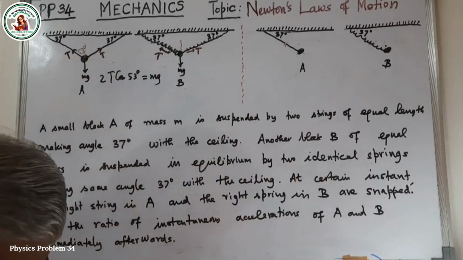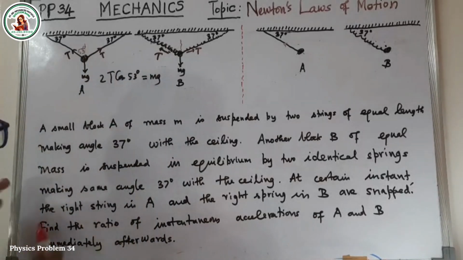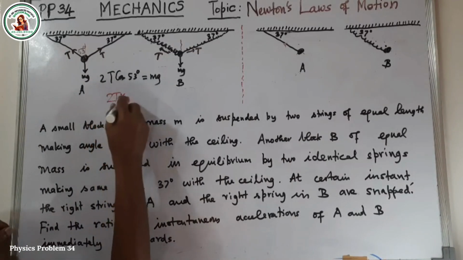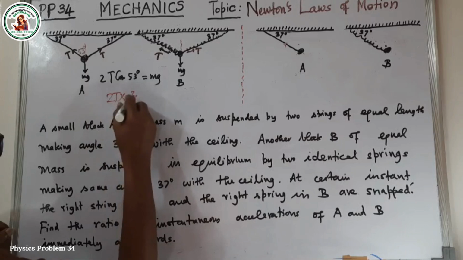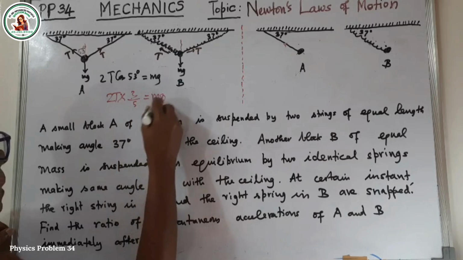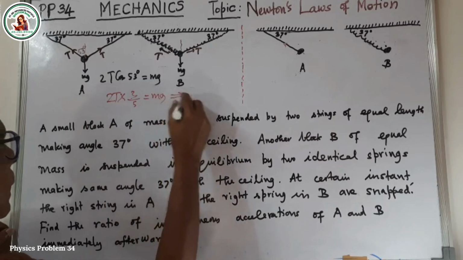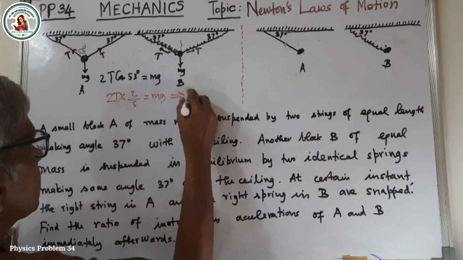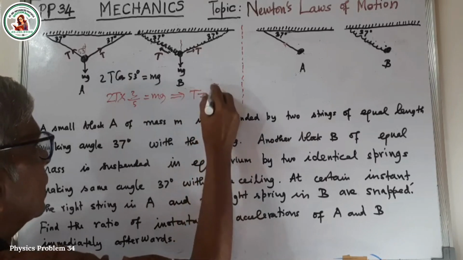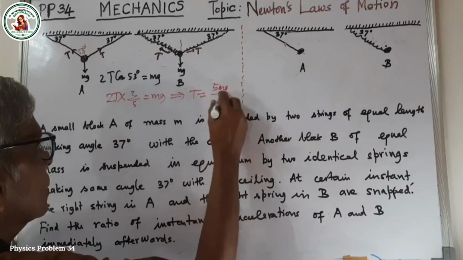So let me complete that: the original tension is equal to 5mg by 6.